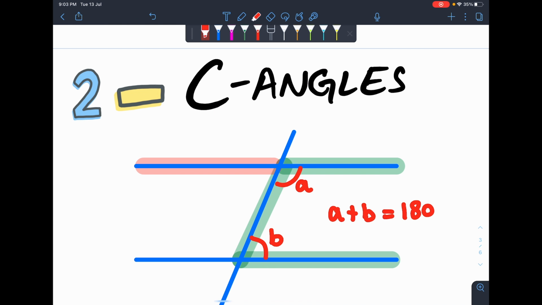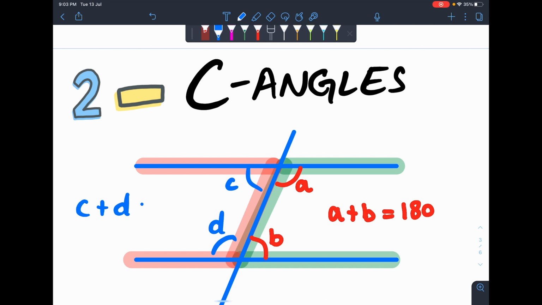So if I make a C in the opposite direction, I know it's a bit weird looking C, but if you place some angles C and D over here, C plus D will also be equal to 180. Again, C angles are also only available if you have a pair of parallel lines. The official name for C angles is supplementary angles.